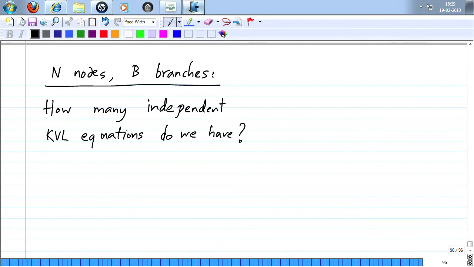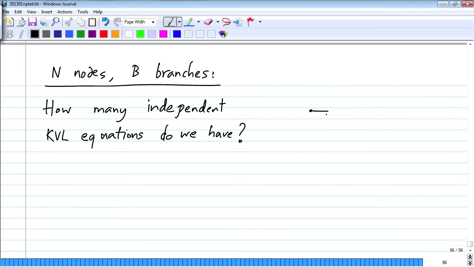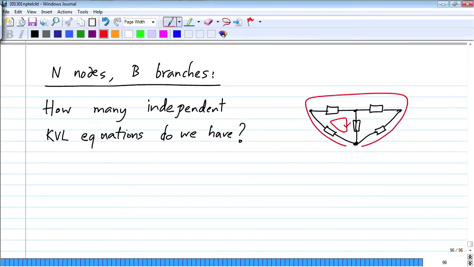That is, you write KVL around every loop and you have to identify the independent loops. There are lots of loops, but we have to identify independent loops. For instance, I'll take the same simple circuit I had before. Now I have a loop here, I have a loop here, I have a loop here.